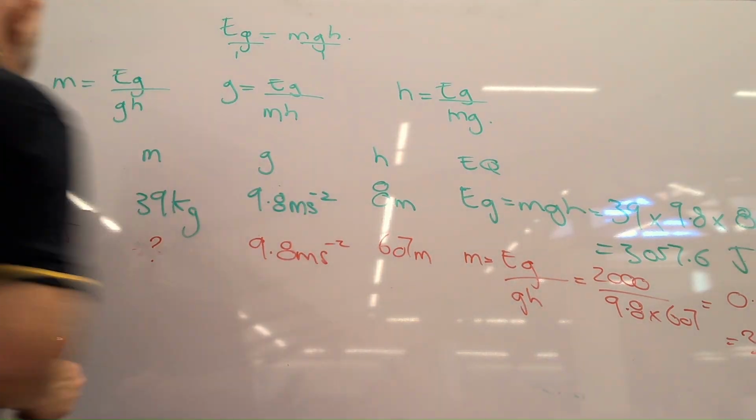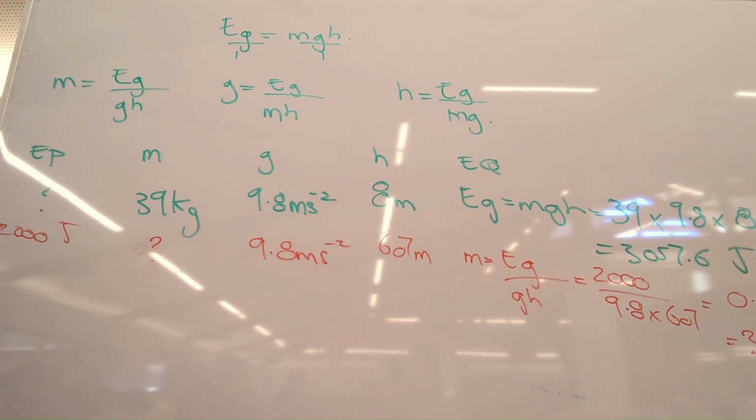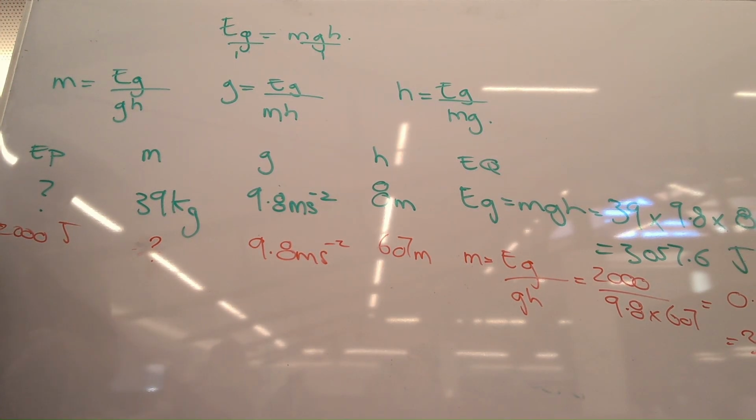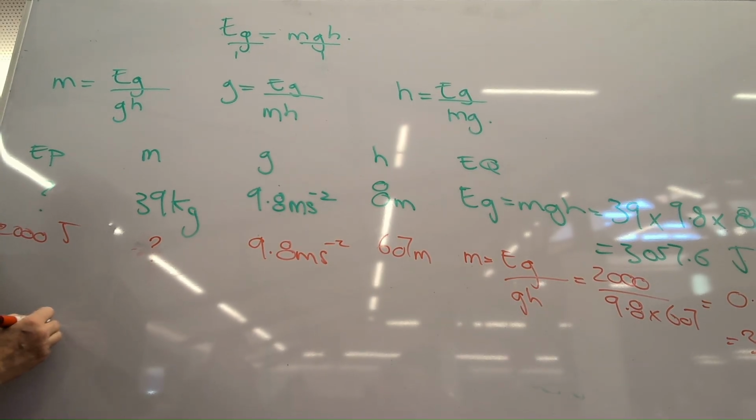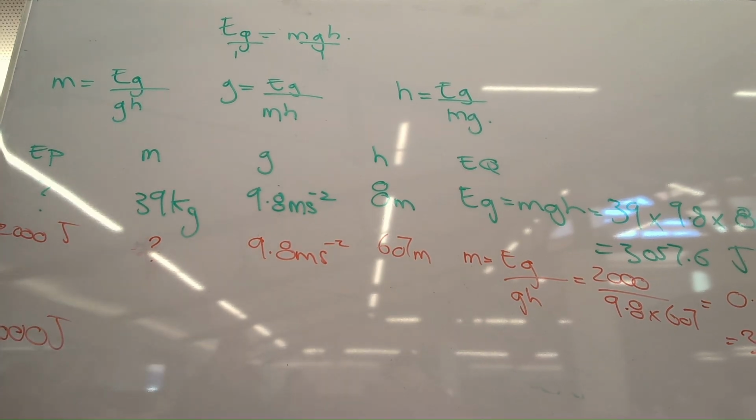All right. What about if I had the EP, the gravitational energy, stored energy? Well, let's make this one 6,000 joules. Who here has a fish tank at home? You have a fish tank? But my fish are all dead.